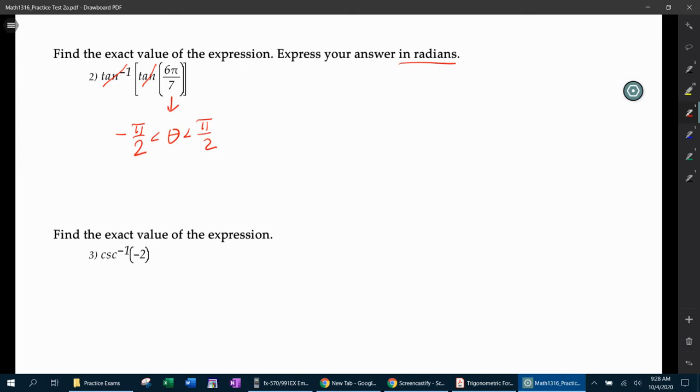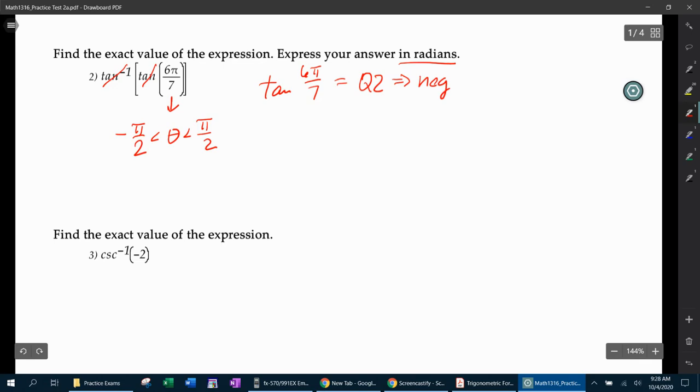So we're going to have to find an appropriate reference angle, okay? So the first thing we have to do is to see if tangent of 6 pi over 7 would be a positive or a negative outcome. 6 pi over 7 is in quadrant 2, and we know that tangent in quadrant 2 is negative.